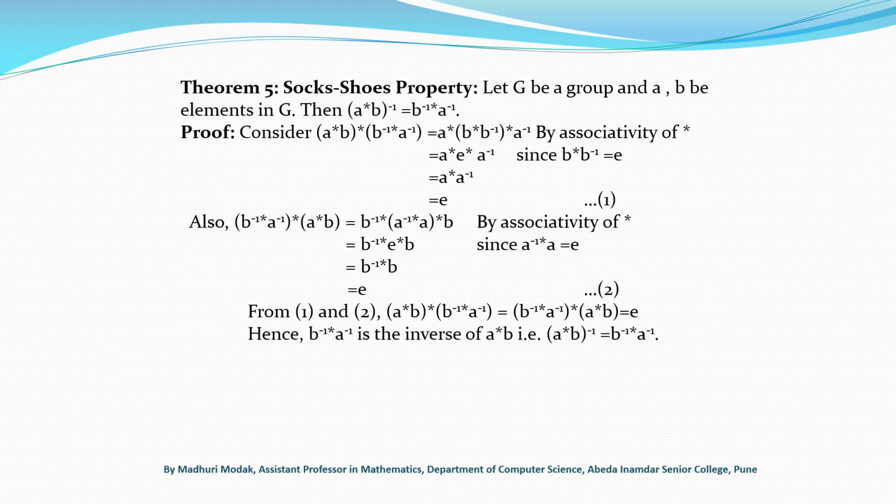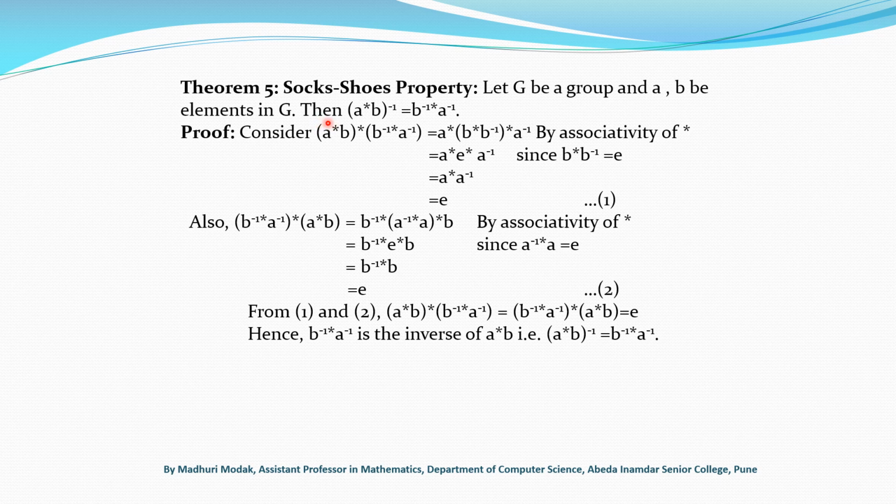Now, the next theorem is known as the socks-shoes property. Let G be a group and A and B are elements in group G. Then inverse of A star B is equal to B inverse star A inverse. Here we have to show that the inverse of A star B is nothing but B inverse star A inverse.